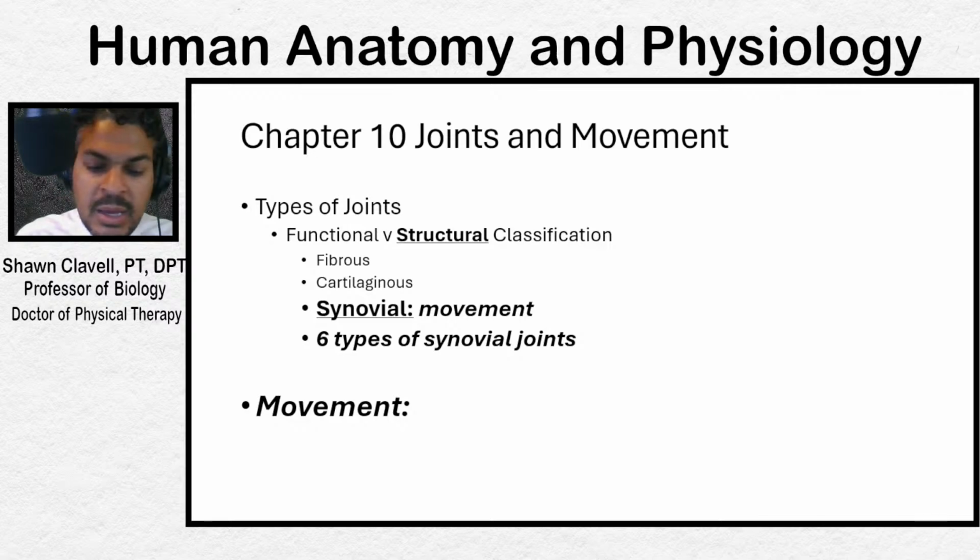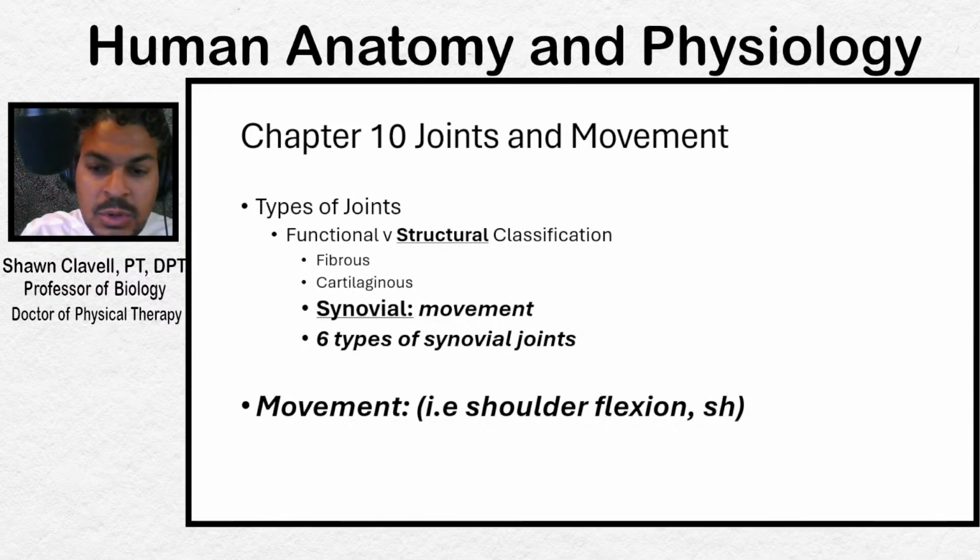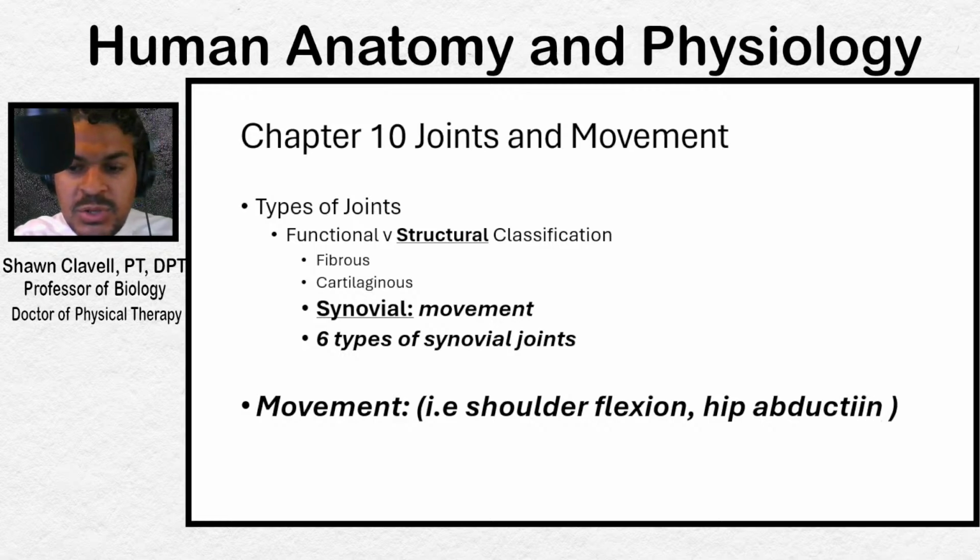So you could say, for example, shoulder flexion. What does shoulder flexion look like? Could you identify shoulder flexion? Could you describe shoulder flexion? Another one, let's pick hip abduction, right? What does that look like, and how would you describe that?